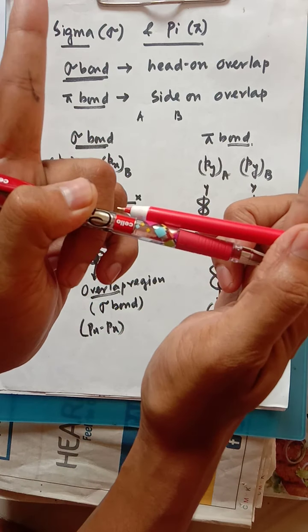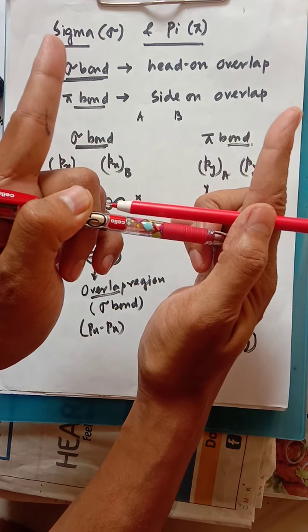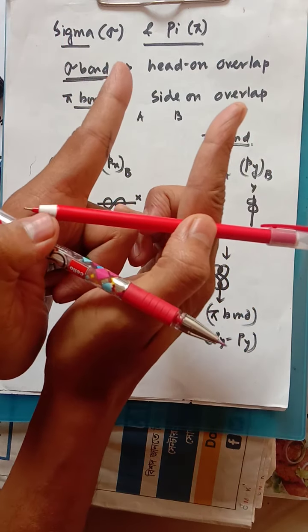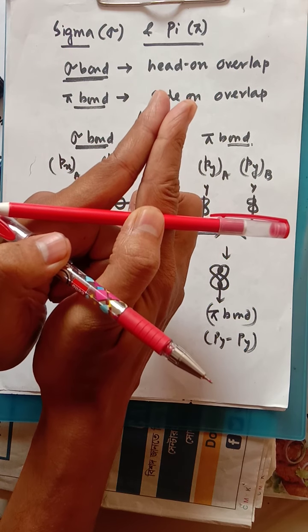But if we consider my two fingers as the two Y axes, they are coming toward each other sidewise. That means it is a pi bond.